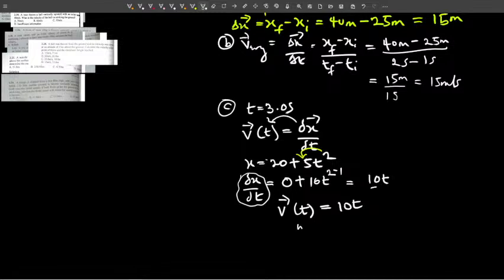We're told that when t is 3 seconds, velocity will be 10 into bracket 3, which gives 30 meters per second. I hope this part is clear as well. Any question?